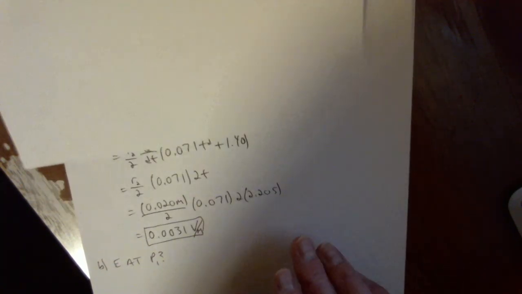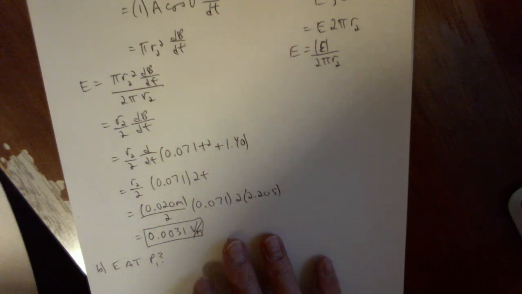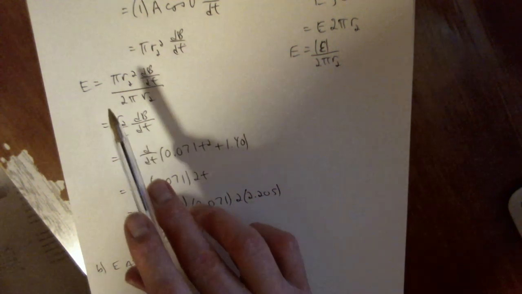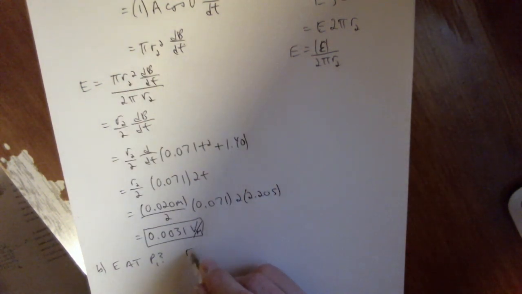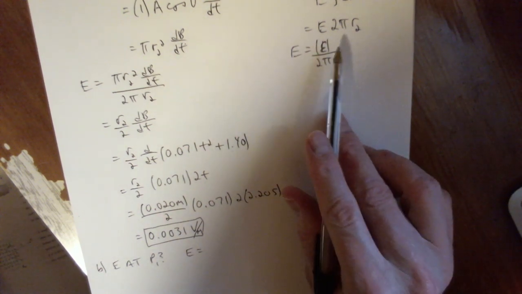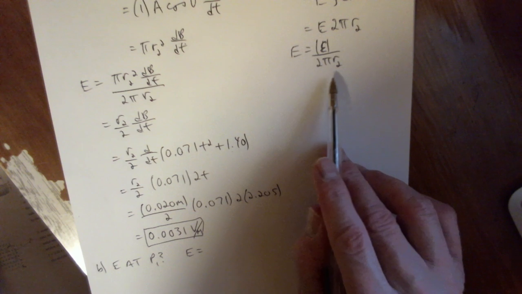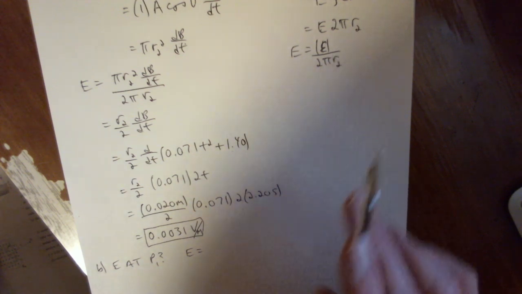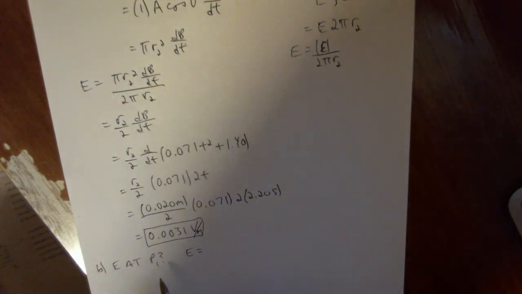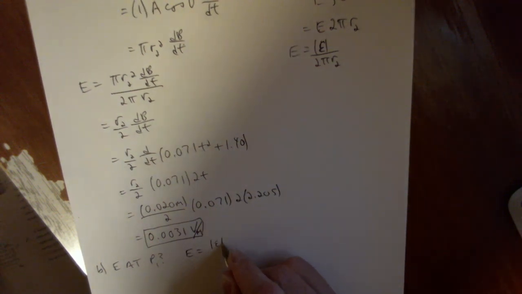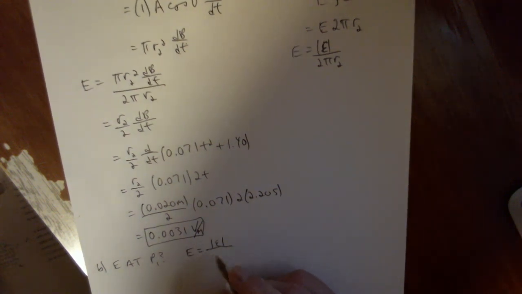We found that the E field was the EMF divided by the circumference of the circle that goes through the point where we're finding the magnitude of the E field. So it's the magnitude of the EMF divided by 2 pi times the radius of the circle we're talking about.